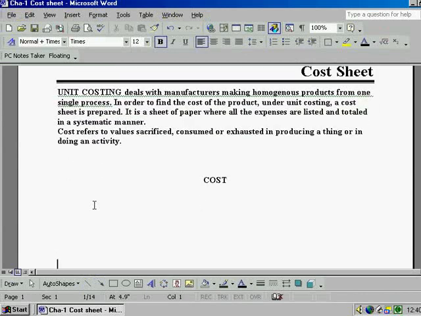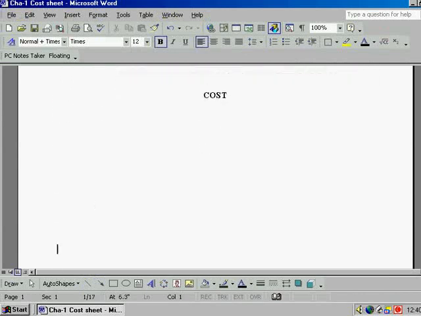Everyone is paying attention here. In a cost sheet, we require some important things to be noted first before we know the format.